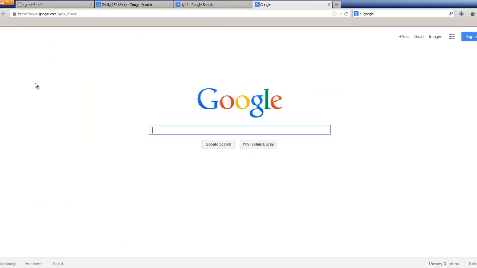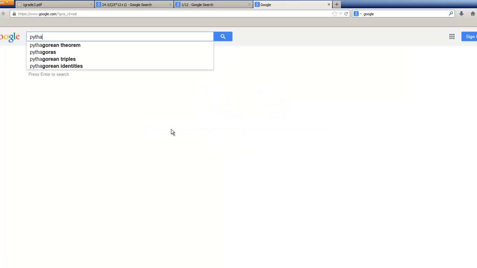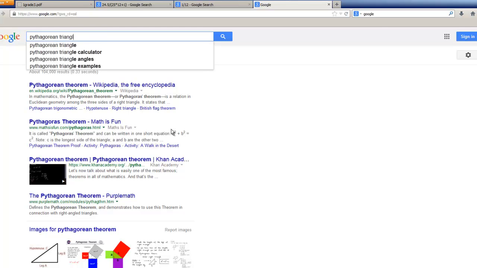We first have to figure out the run, and if you remember, if you use a right triangle to find the run, you can use Pythagoras. I'll show you the miracle of the internet in case you're tired of this kind of arithmetic. We can type in Pythagorean triangle solver.